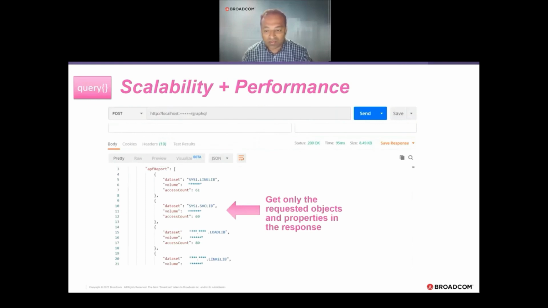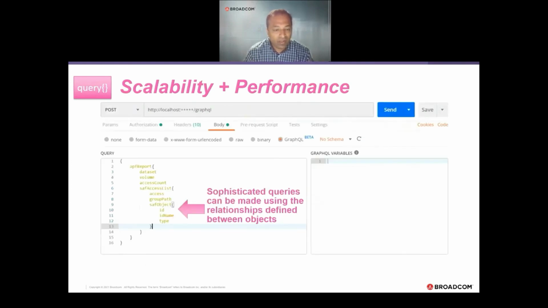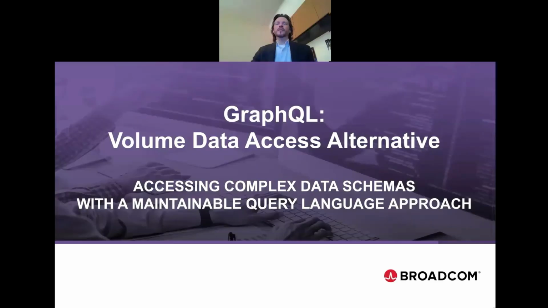Here the service has returned only the requested objects in the query. And at the same time, the same query can be rewritten as a sophisticated query, which includes the complex objects within this GraphQL schema.